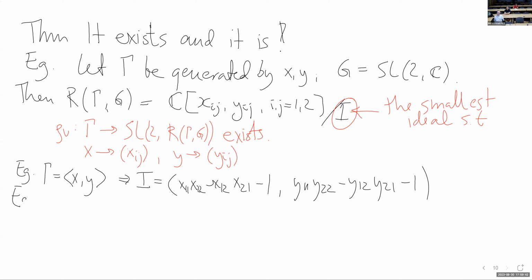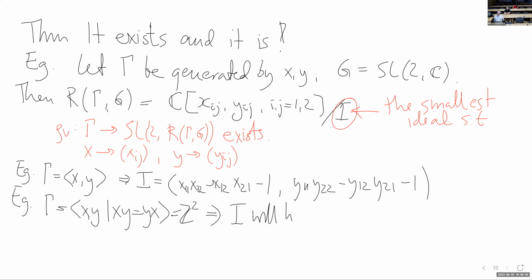For example, if gamma is just Z2, then this I will have additional relations. How many?